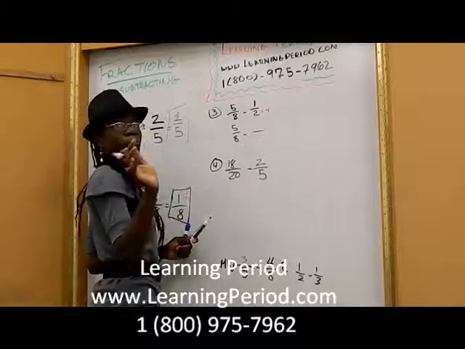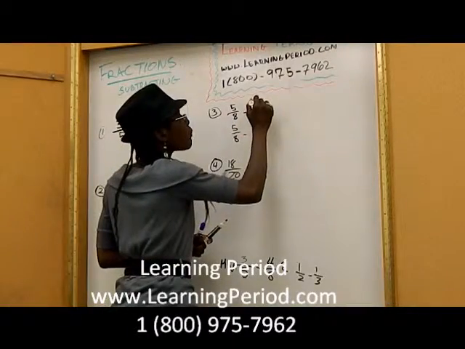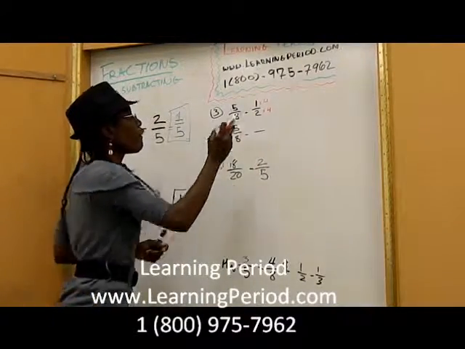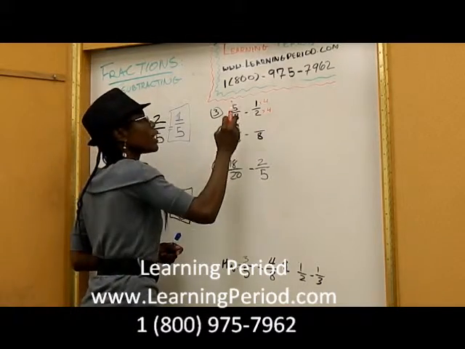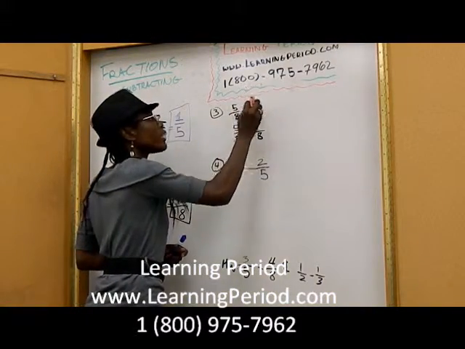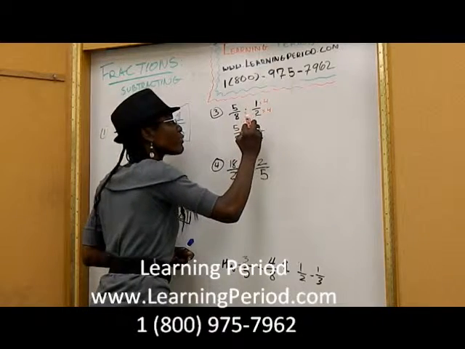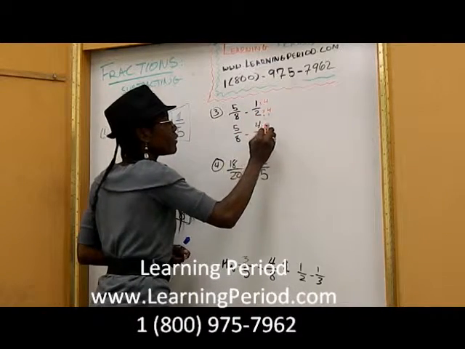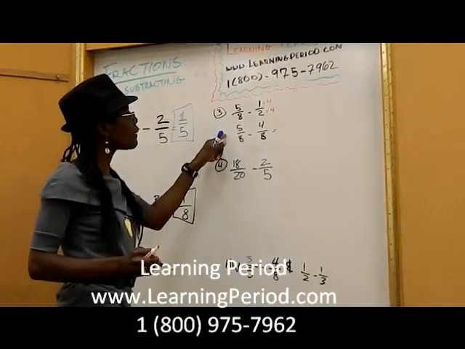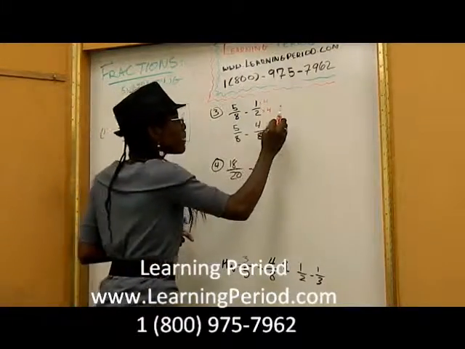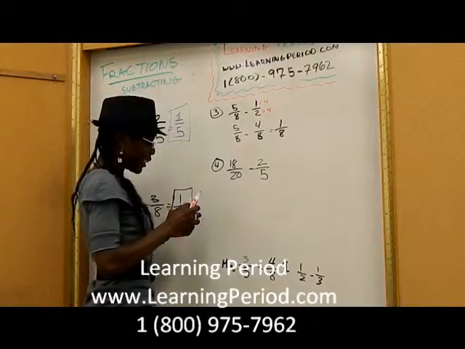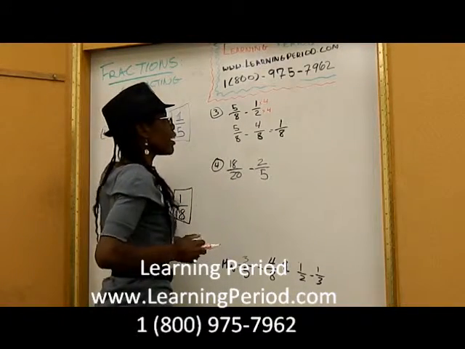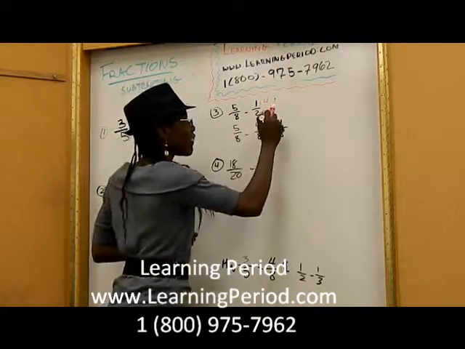And whatever we do to the bottom, we need to do to the top. 2 times 4 equals 8. 1 times 4 equals 4. So we have 5 minus 4 equals 1. And we keep our common denominator. And that would be our final answer of 1/8.